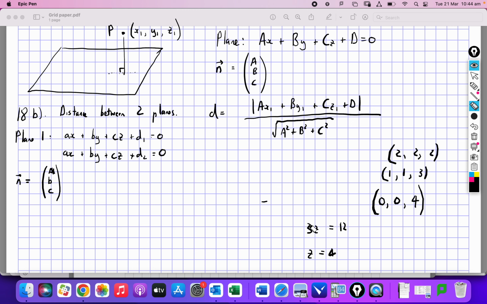So let's use the idea of finding the z-axis intercept.